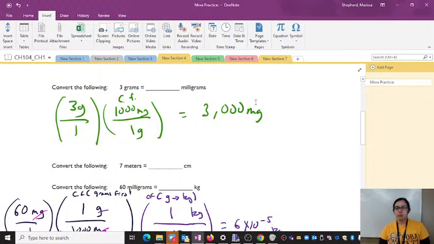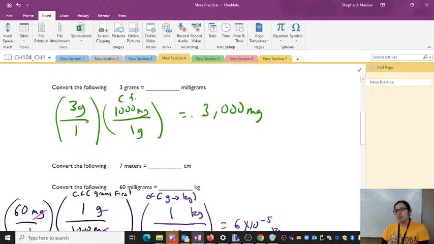Why is it that it's set up that way instead of just multiplying by 1,000? I'm just being really explicit to write it like that so you can clearly see. Just putting it over 1 really doesn't mean anything, but it lets us set up that conversion factor.